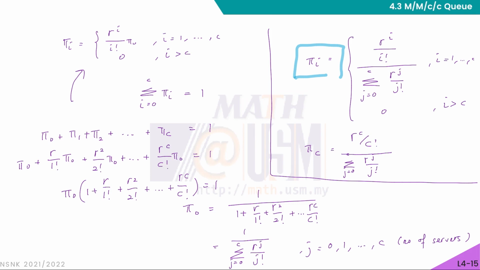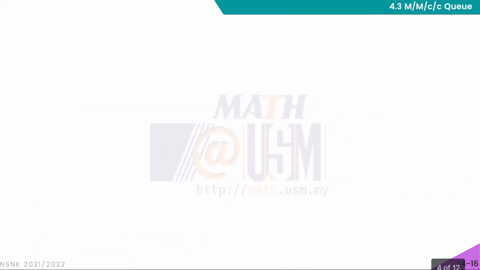Okay, so next we're going to move on to determine the measures of effectiveness for our M/M/c/c queue. First we start with L, the number of customers in the system.